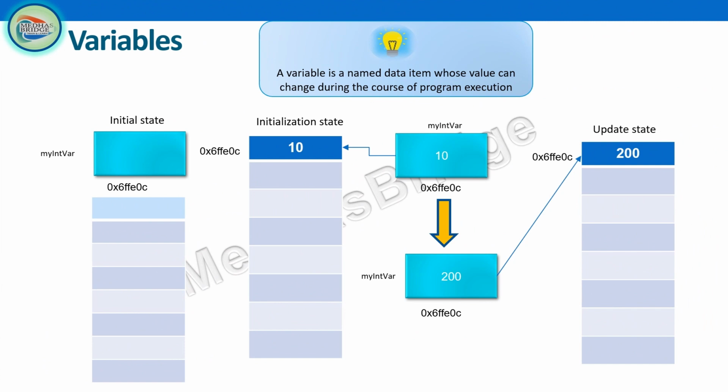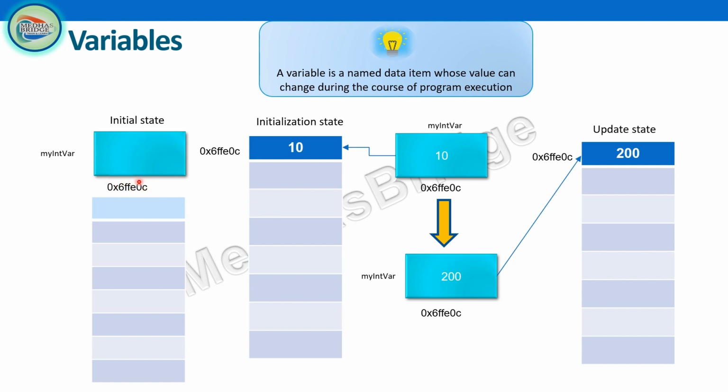Let me illustrate a pictorial representation of the variable concept. In our program, you declared a variable, and that means memory gets allocated for that variable. Depending upon the type of the variable, you will know the size of the variable. When you say memory gets allocated, it means the memory is associated with an address.